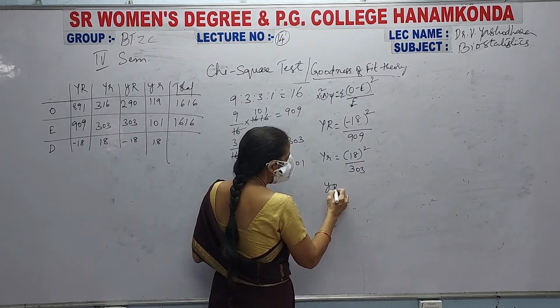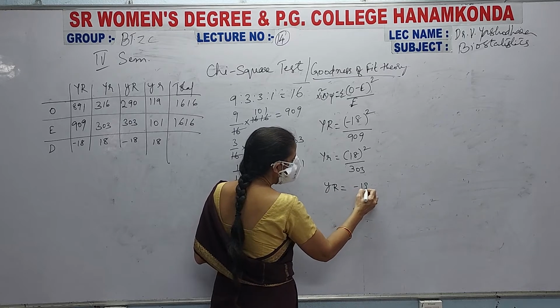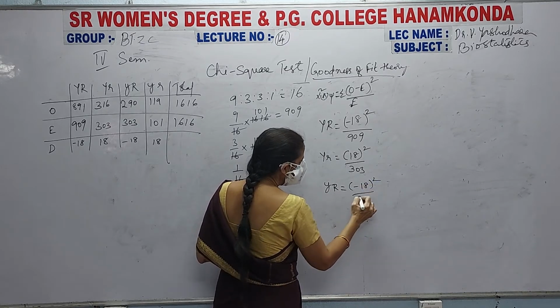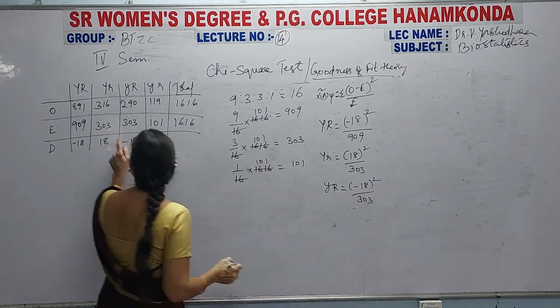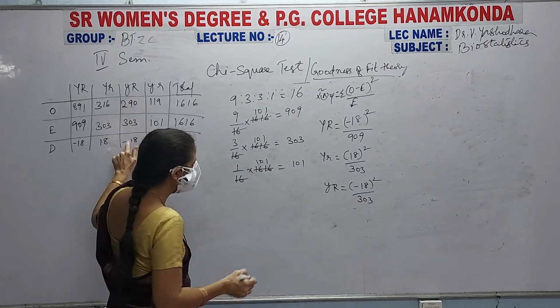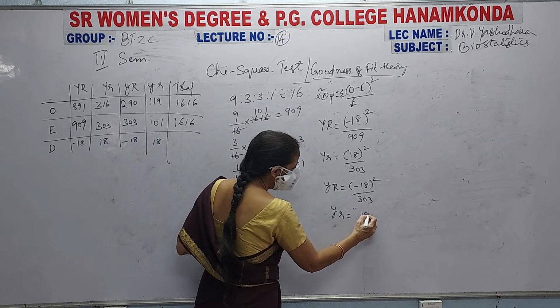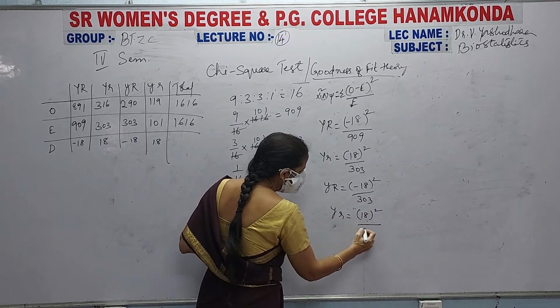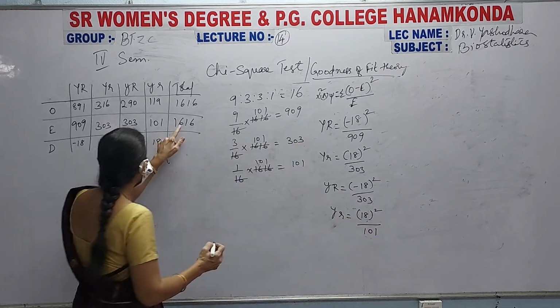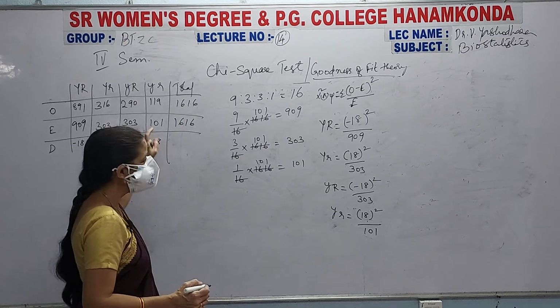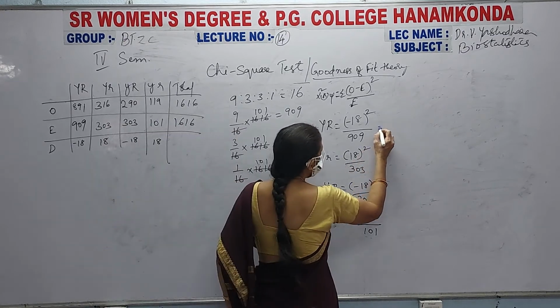Small y capital R is -18 whole square by 303. Small y small r is 18 whole square by 101.